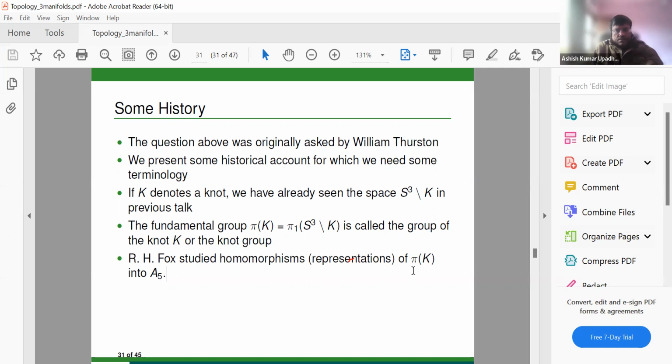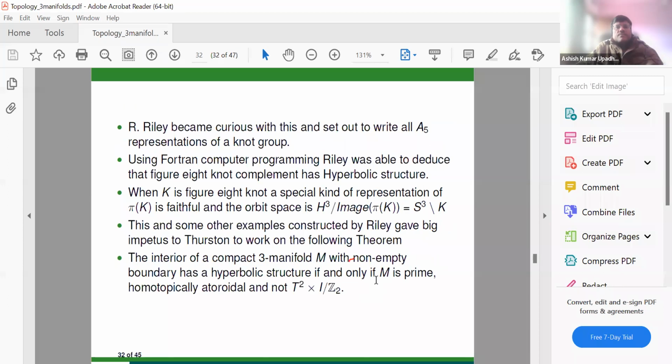So R.H. Fox was very much interested in knots, and he studied, for some reason, homomorphisms of knot groups into A5. These are actually called permutation representations of the knot group into A5, because we are considering homomorphisms of knot groups into a permutation group.